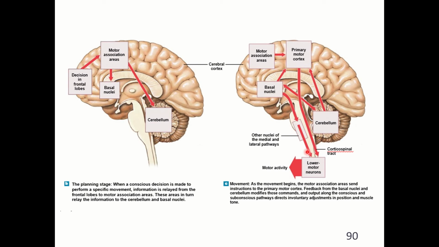So our conscious and our subconscious go through the medulla. From the primary motor cortex, they will be the pyramidal tracts that will cross in the medulla oblongata. And then we also have the reticular formation. And then there's other nuclei that will be involved.